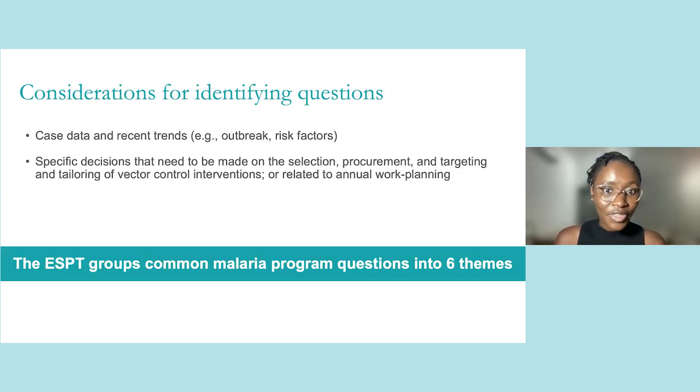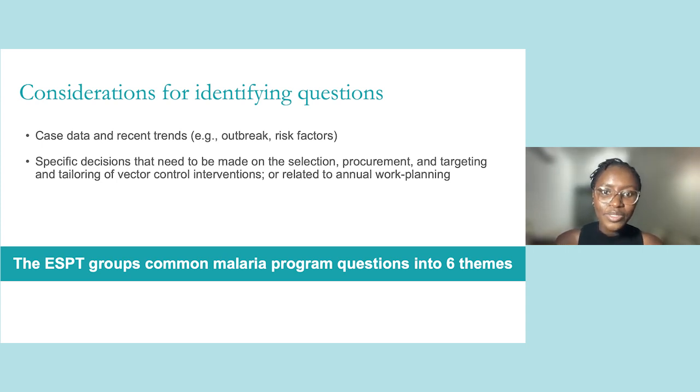Now, as you start to think about formulating your program question, there are several considerations that may help with this. First, you should review any available epidemiological data, including case numbers and recent trends. This can help trigger program questions and highlight geographic areas or populations that should be prioritized.